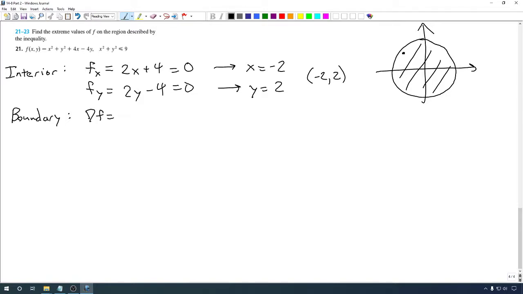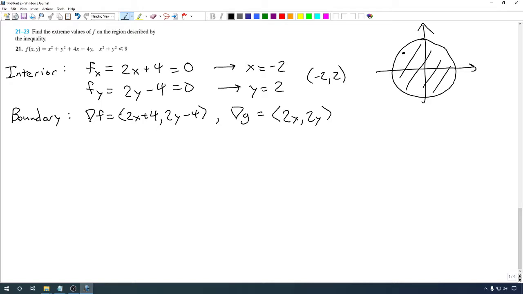Let's go ahead and write that out. For our gradient of g, this time g is x squared plus y squared, because our constraint here is the boundary x squared plus y squared equals 9. So our gradient of g is 2x, comma 2y.